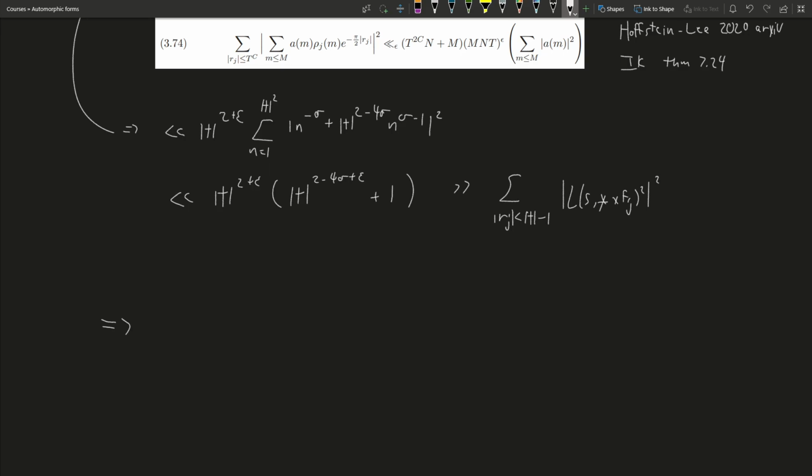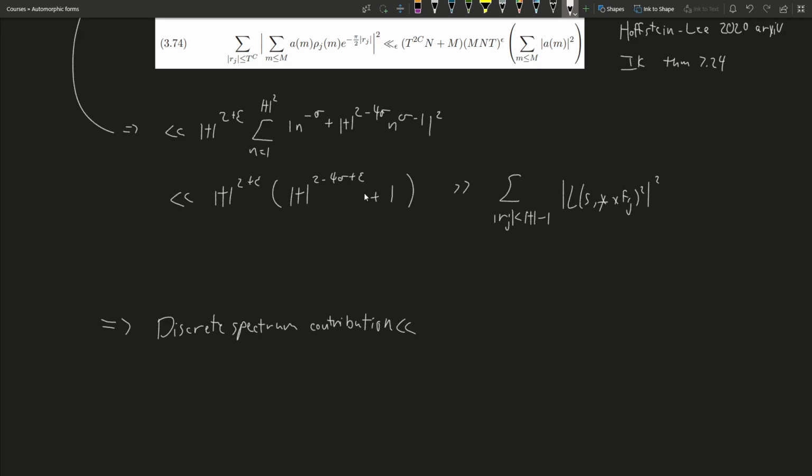let's see, that, I don't know how to write this, the discrete spectrum contribution is less than, well, what are we going to get?